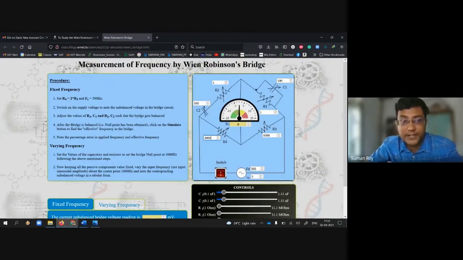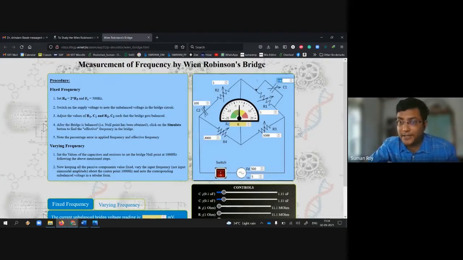It is not mentioned over here, but yes, you can keep R3 equal to 1000 or any value, and R4 equal to twice R3, that means 2000.